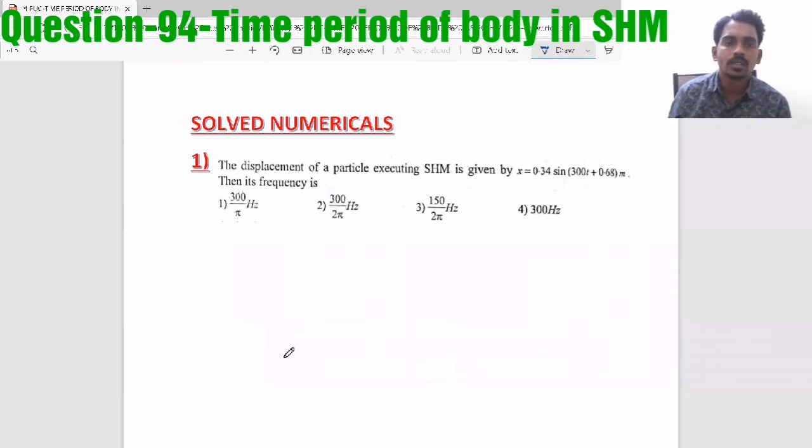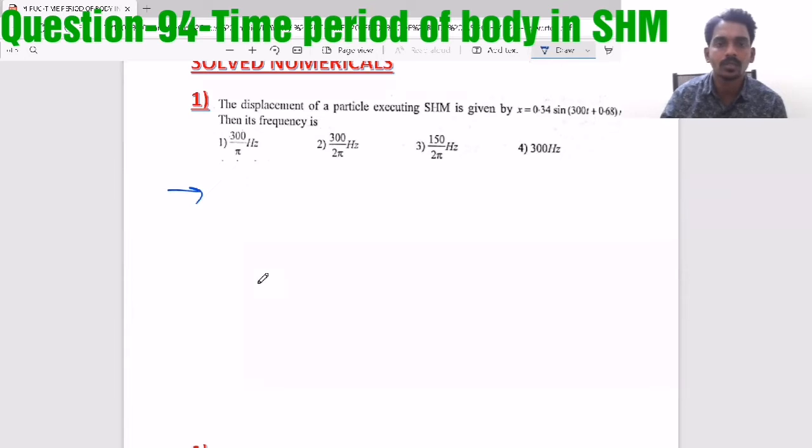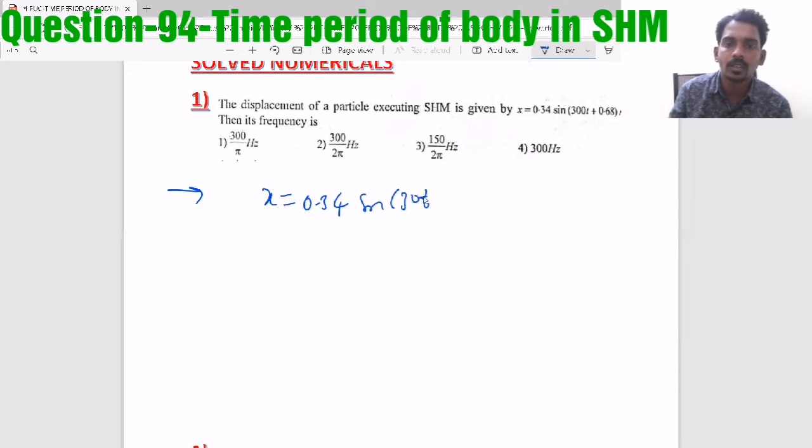Now, based on whatever we have taken, there are a few questions. First question: the displacement of a particle executing SHM is given by x equal to 0.34 sin(300t plus 0.68) meter.